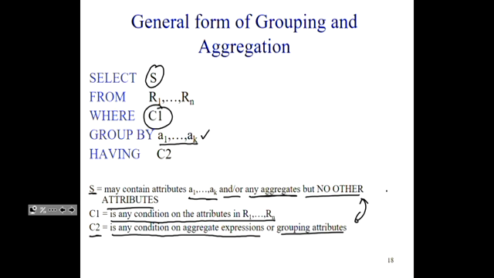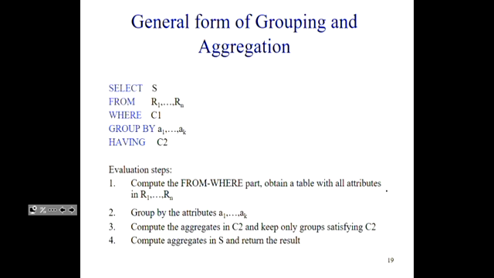Okay, and then how do you read this? Well, this is something that we've already described. So you start with the from and where, you do a cross product of R1 through Rn, you apply the where clause, you eliminate the tuples that don't match, and then you group by A1 through AK. So you have one group corresponding to each combination of attribute values for A1 through AK.